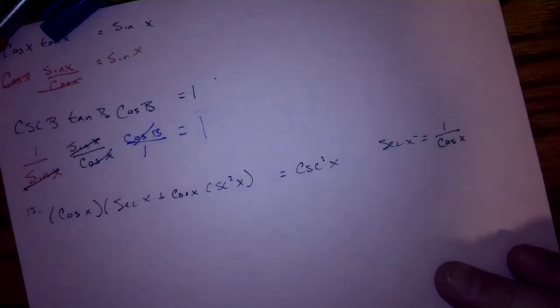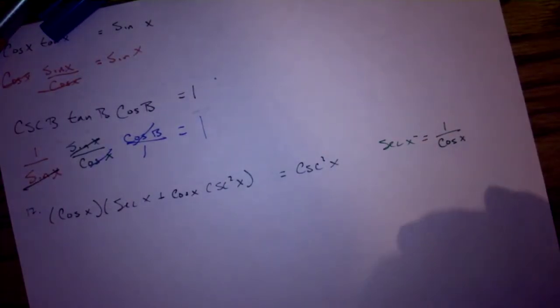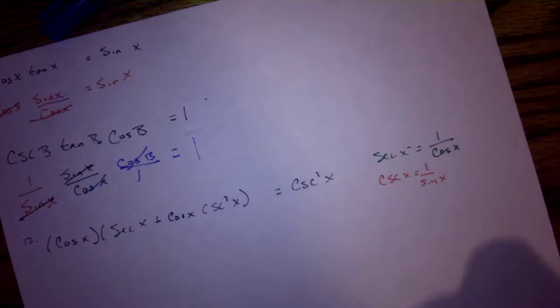Secant of x is equal to 1 over cosine of x. And cosecant of x is equal to 1 over sine of x. I'm just going to keep those kind of in my back pocket.